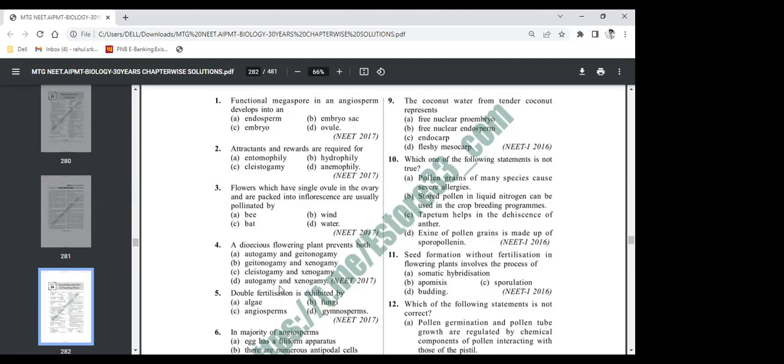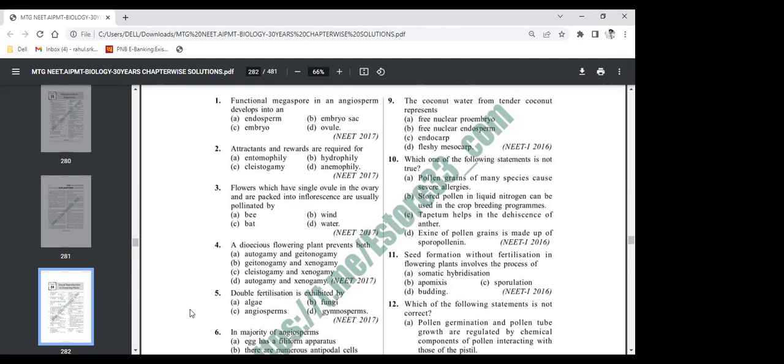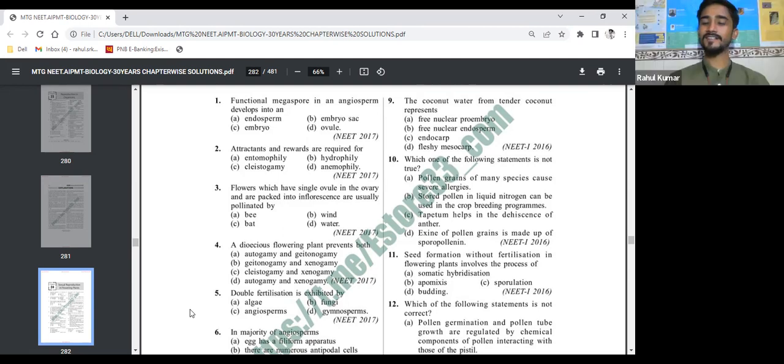Pollen grains of many species cause... So, 1 minute. What happened? I think she's back to scolding someone again. Were you back to scolding? I knew it. Aisha does not tolerate any disturbance when she's studying, right?